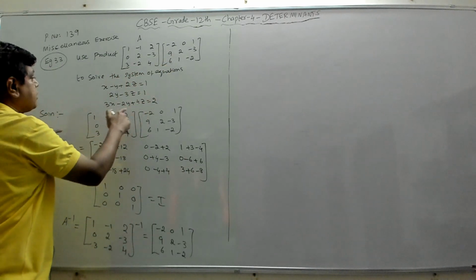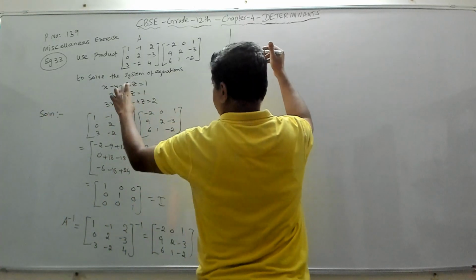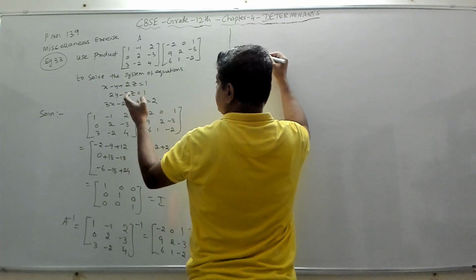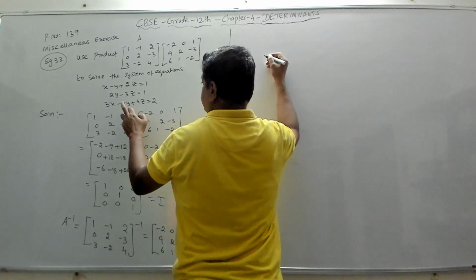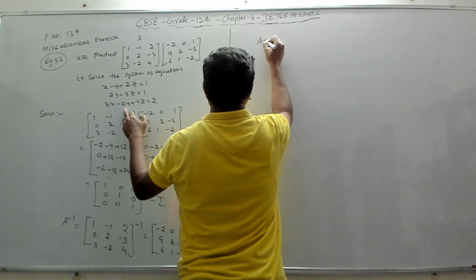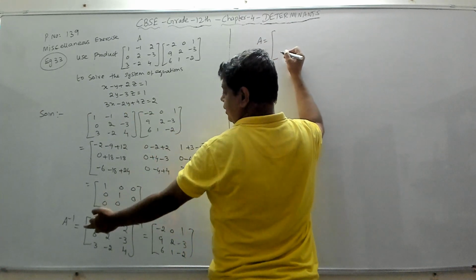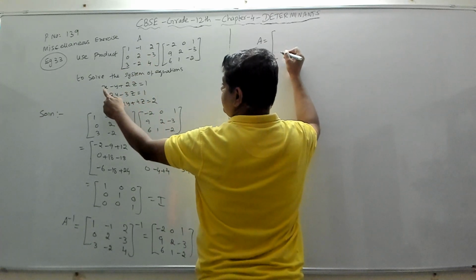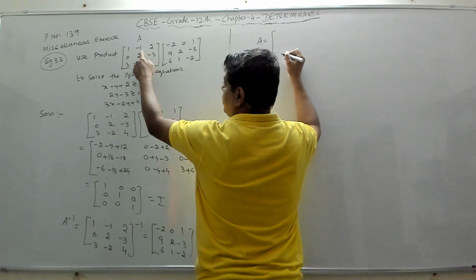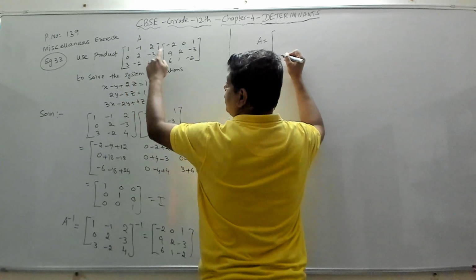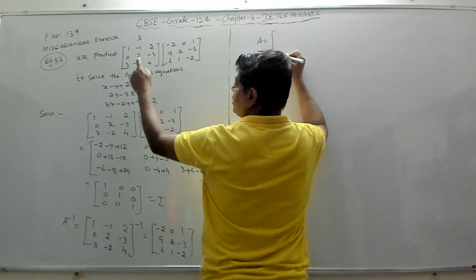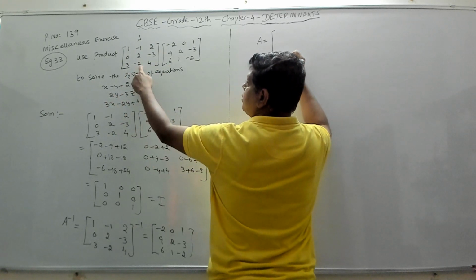Because if you observe the set of equations and convert them into a matrix equation, we can have the A matrix. The A matrix, which we are calling A, is the same as the coefficients: 1 minus 1 2 is here, 0 2 minus 3 is here, and 3 minus 2 4 is here.